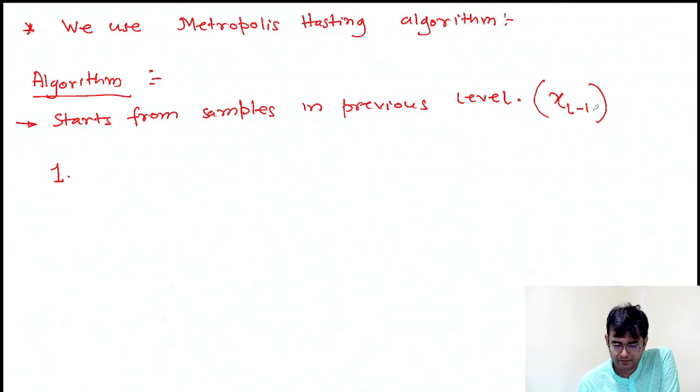Okay. So step one, you have something known as the proposal density. Proposal density is a density from which you can easily sample. The most popular proposal is the random walk proposal. It is said to have been developed by observing a drunken person.